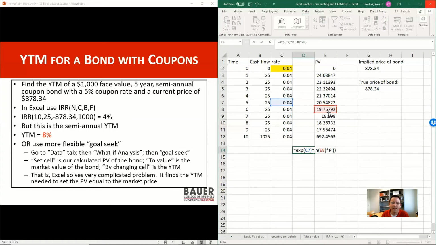So you can have any function that you can dream of, some nonlinear function, times the square root of something else, and you can choose to set this nasty nonlinear function equal to whatever number you want, right? So that's what's really cool about goal seek: nonlinear functions aren't a problem for Excel. It's just going to guess and check a million times to find the number that you want it to. Okay.